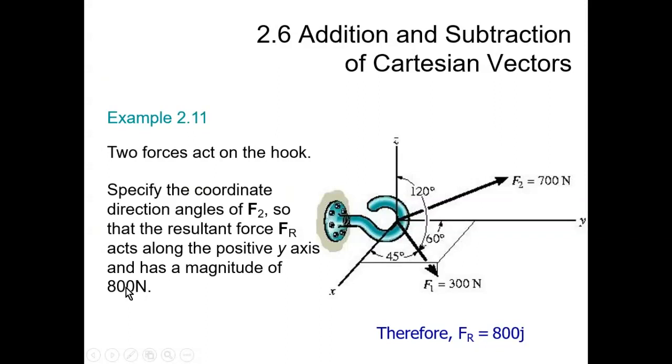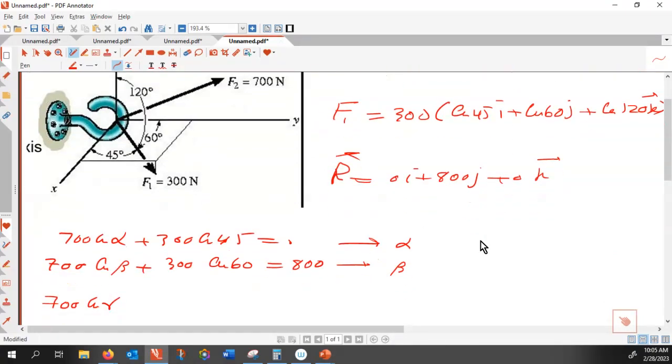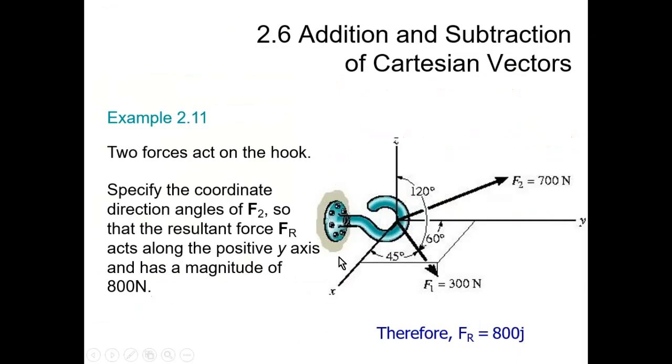So if you want to write it as a vector, it is 0i, 800j, 0k. That's why. So finally, 700 cos gamma plus 300 cos 120 is equal to 0, and that one gives me gamma. So now we have alpha, beta, gamma, and that's what the problem is asking.